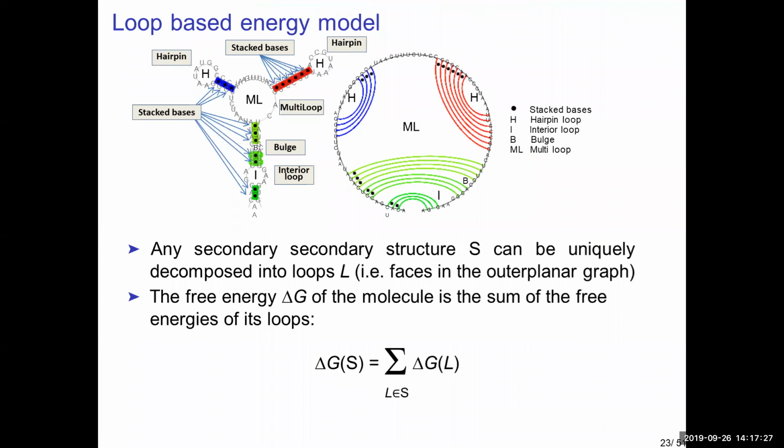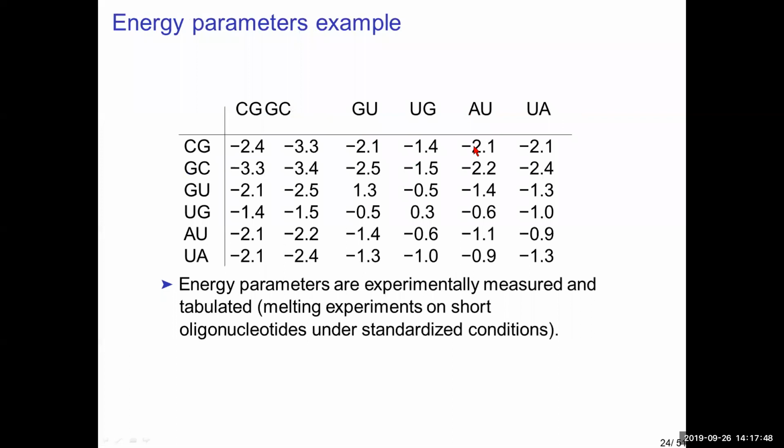And there are many ways of calculating this. You can basically train this model by looking at what is the energy of stacked bases, what are the energy of bulges, of internal loops, of hairpins, of multi-loops, and stacked bases and hairpins, and then simply calculate all that as you go through this alignment matrix.